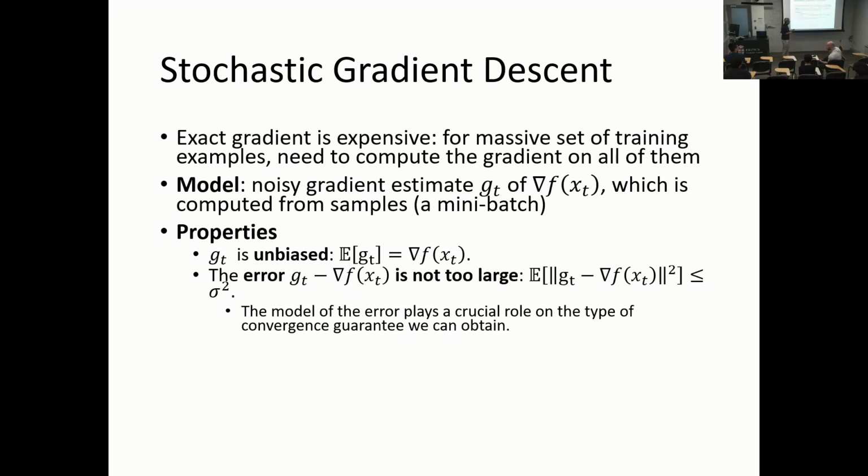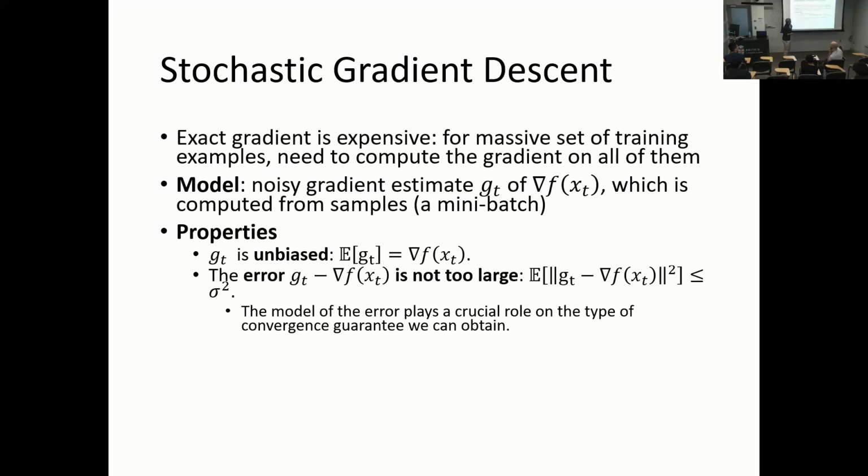This is verified for many settings, especially the vision setting, where if you take the second moment of the deviation, it is usually bounded by some quantity. Let's call that sigma squared, the variance of the estimate.